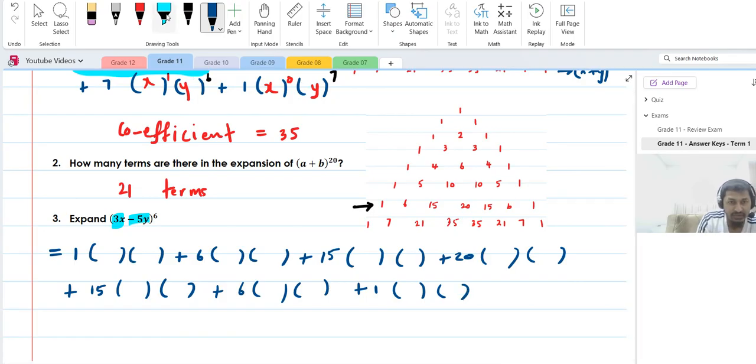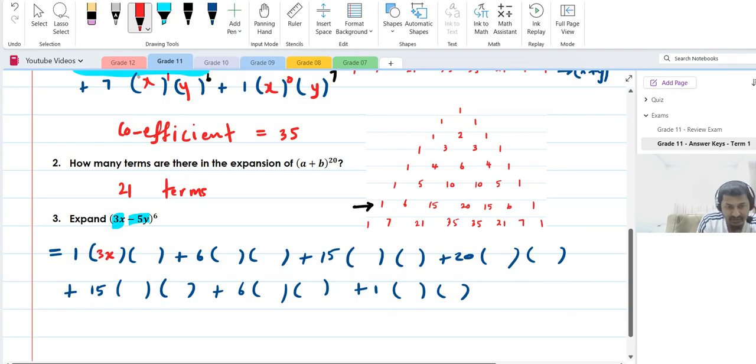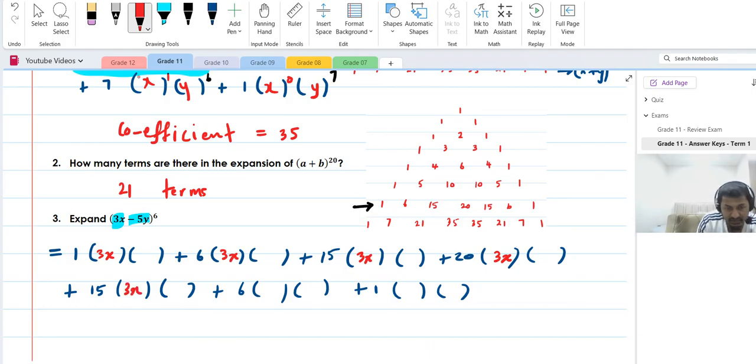Now what goes in the first bracket? 3x. So let's fill in all the 3x's. Right. And what goes in the second bracket? The minus 5y. So minus 5y, minus 5y, and so on.